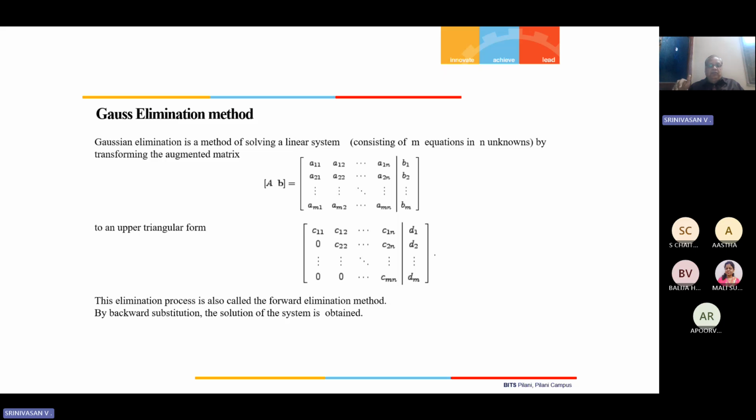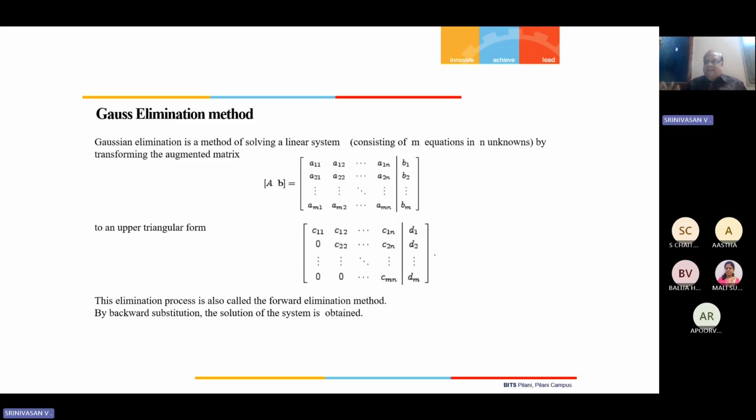So here, the elimination process is also called the forward elimination method. See, in fact, you are starting with row 1 being fixed, and then acting on row 2, performing the elementary operation of R2 on R1, and of R3 on R1. First set. Supposing we start with the basic practical 3 by 3.